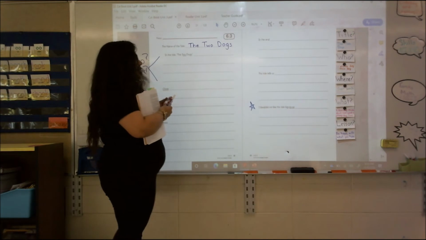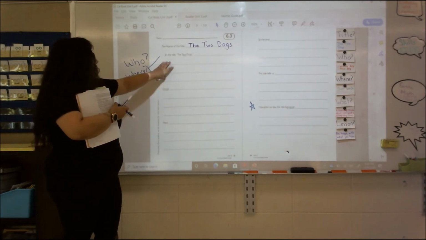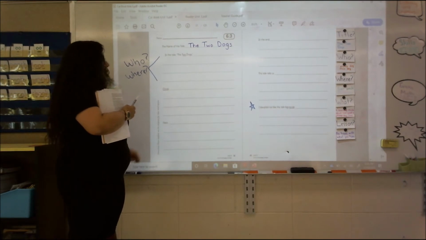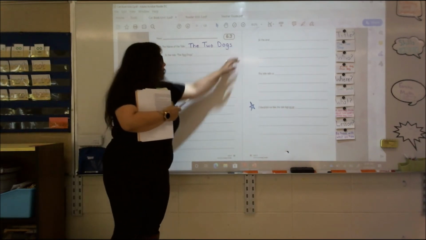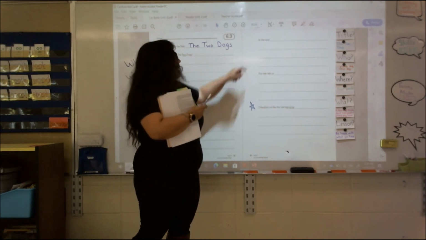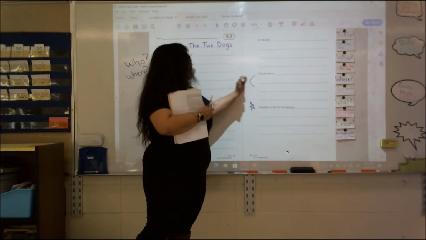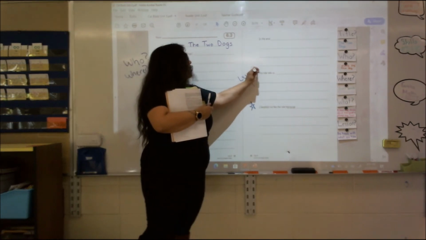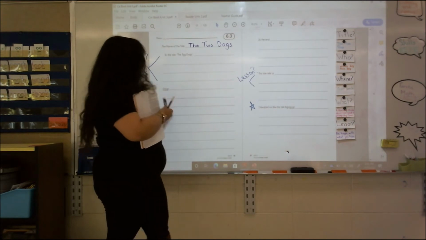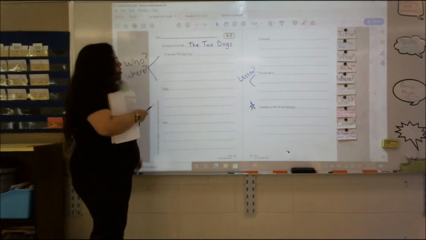I like / did not like this tale because that's the opinion portion. So in the tale, The Two Dogs, we need to identify the who and the where. All this in the middle here, once, next, in the end, that's what the tale tells us. This is our lesson. So all this middle part is what happened. What happened in the story?